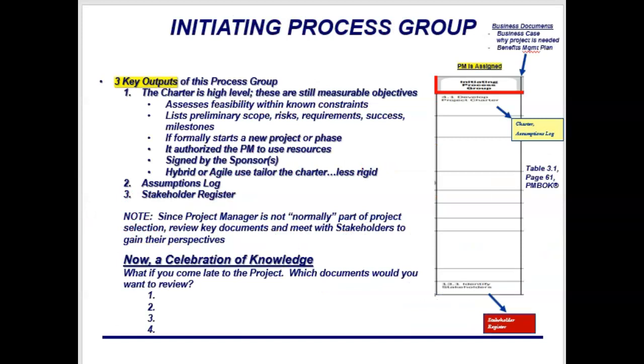Now, to do this, for example, the initiating process group has three key outputs. The charter itself, which is always high level, and an assumptions log, and those are outputs of the develop project charter process. The other process, if you look on page 25, down the initiating process group, is called Identify Stakeholders. My key output there is my stakeholder register, which is really just a list of stakeholders.